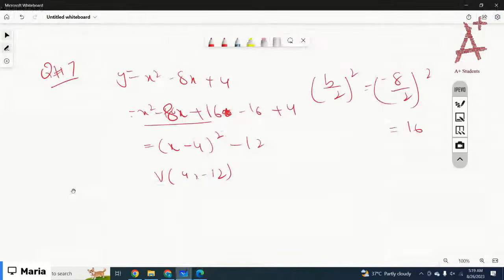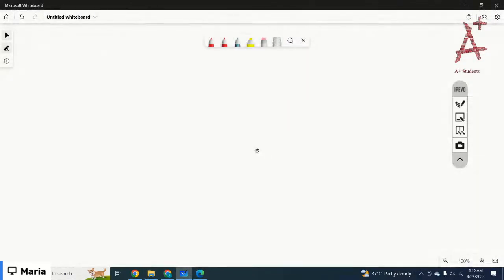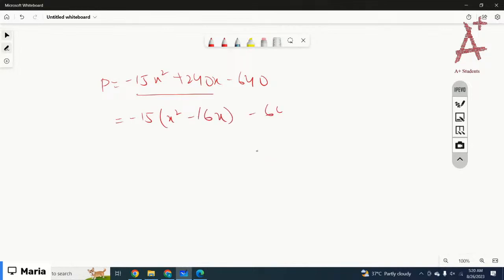Okay, P equals negative 15x square plus 240x minus 640. From here you can take negative 15 common. You are left with x square minus 16x plus 640, right?